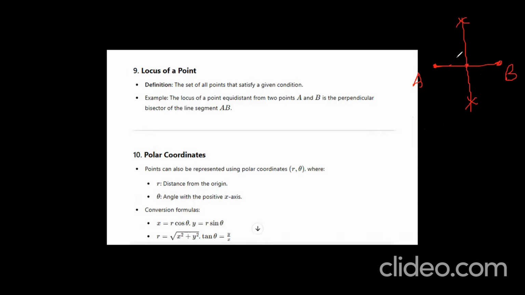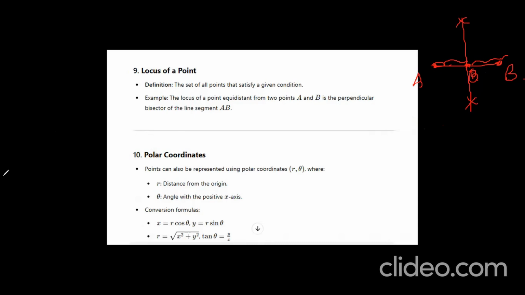Then the perpendicular bisector of the line segment AB is the locus of the point equidistant from both A and B. This distance OA is equal to OB, where O is the intersection point of these two. The locus of a point equidistant from the 2 points is the perpendicular bisector of the line segment AB. Got it?